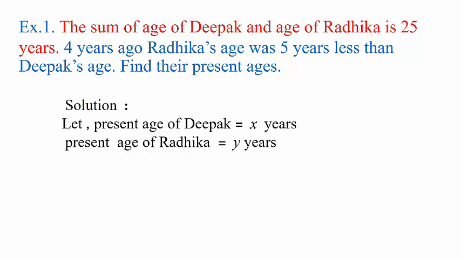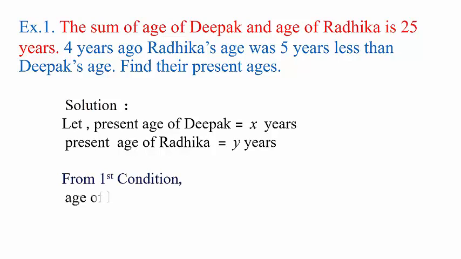In every example there are two conditions, and we want to find out these two conditions. In this example, there is a first condition, which we show by using red color. The sum of the age of Deepak and the age of Radhika is 25 years.